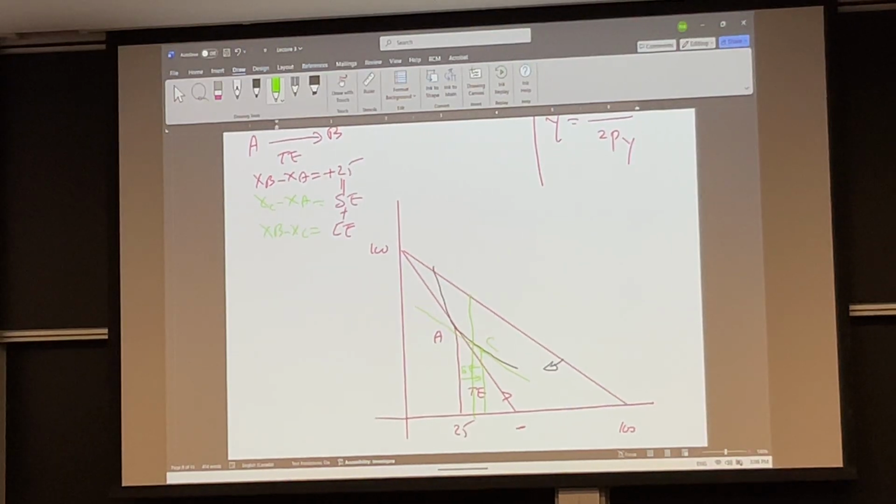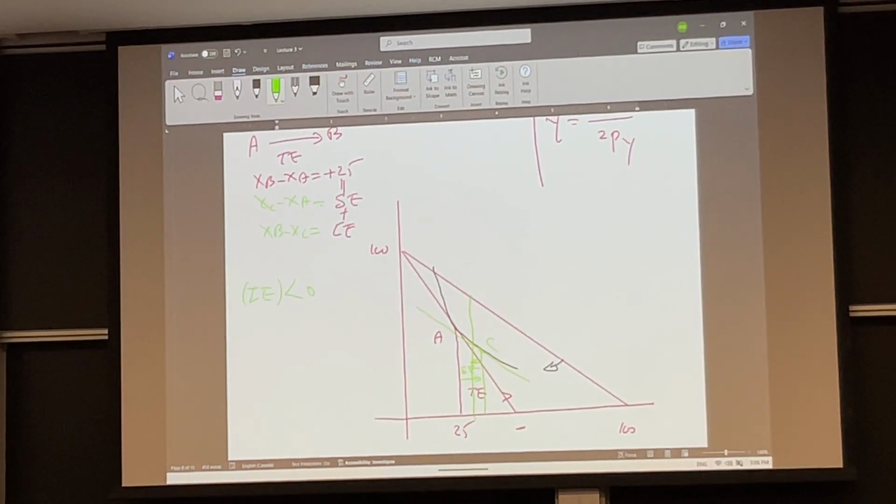That means the substitution effect tells you to buy more, but the income effect is opposite, tells you to buy less. That is what we call an inferior good. An inferior good is where the income effect is negative.